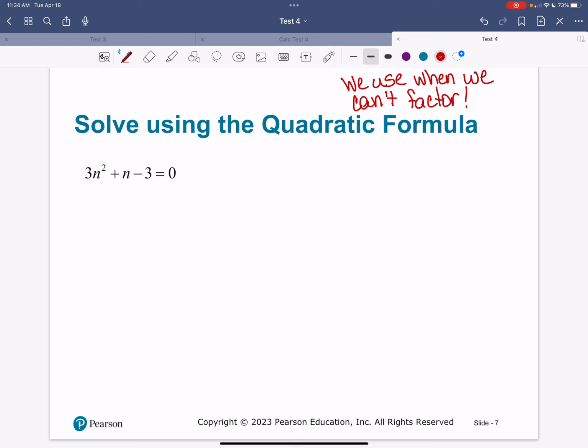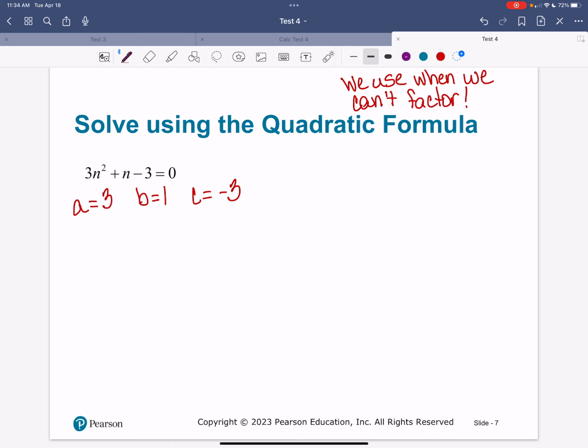Is this in the form of ax squared plus bx plus c? Yes, it is, and it's set equal to 0. My a value is what's in front of the variable squared. My b value is in front of the variable that's not squared. And my c value is the constant at the end.